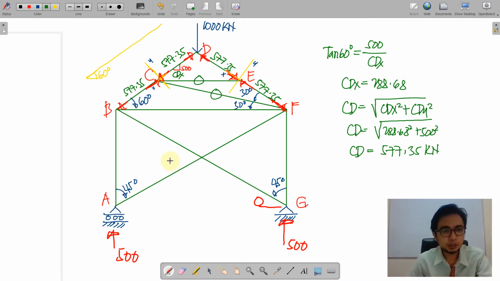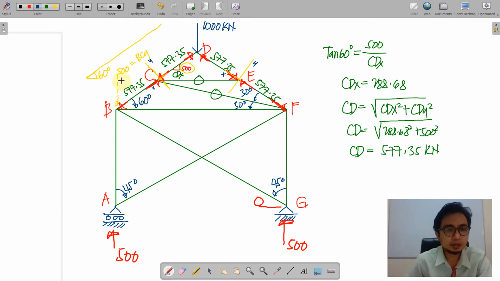Moving on to joint B, as we can see, there are 1, 2, 3, 4 members. For the vertical axis, we have BC and AB, as well as the component of BG here. We note that there is a 500 here as a component of BCY, which is also equal to 500 here, because they have the same component; both forces are parallel, just contradicting each other.